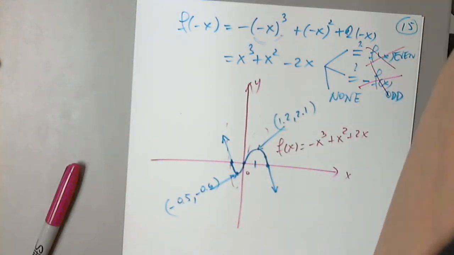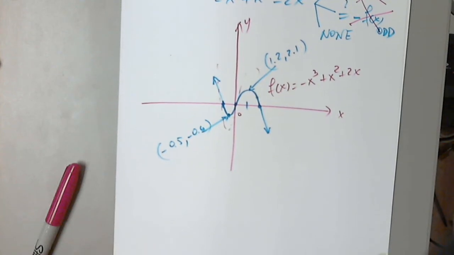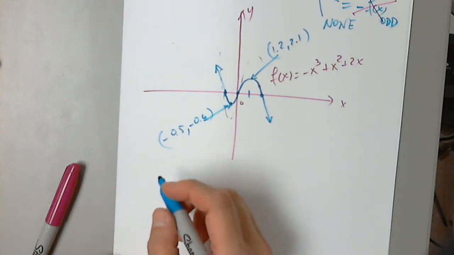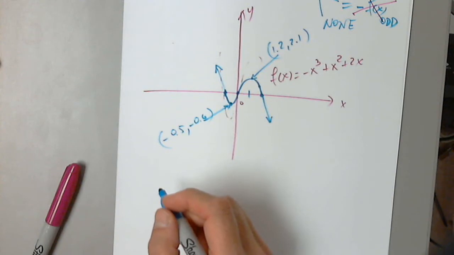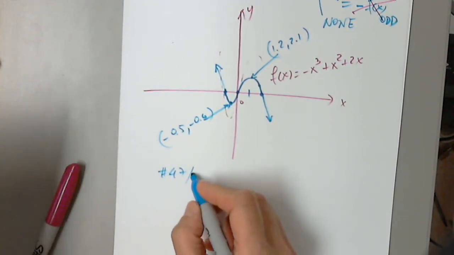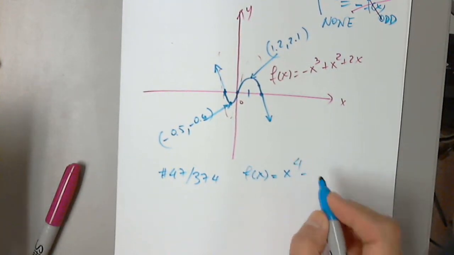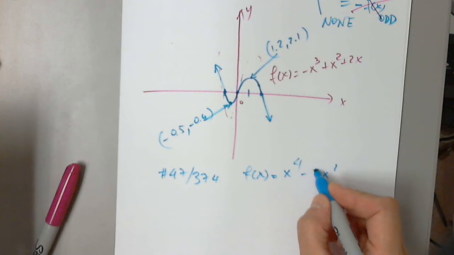Let's take a look. Not too difficult, right? There are a few things that we haven't discussed before, but I don't think that you find them too difficult. So 47 on page 374, and that's f of x equals x to the 4th minus 5x squared.